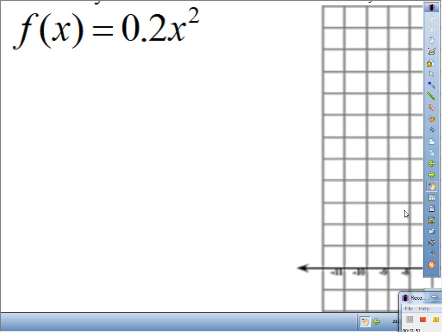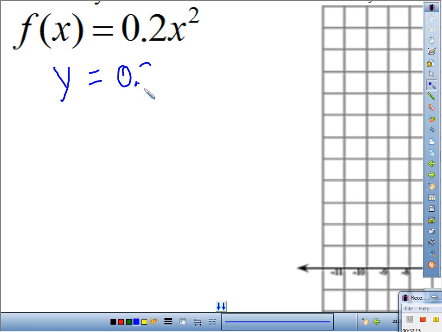F of x equals 0.2 x squared. Here we go. First step. Change it equal to y. 0.2 x squared.